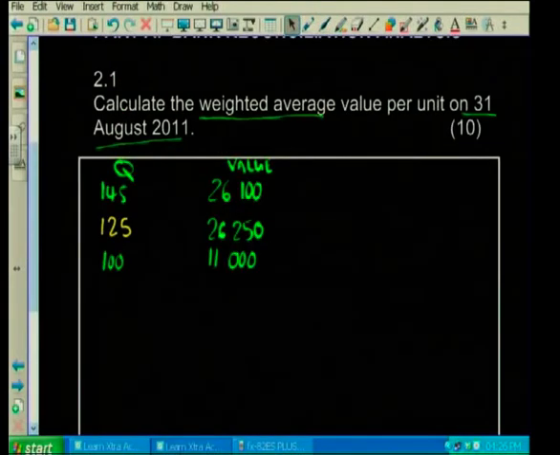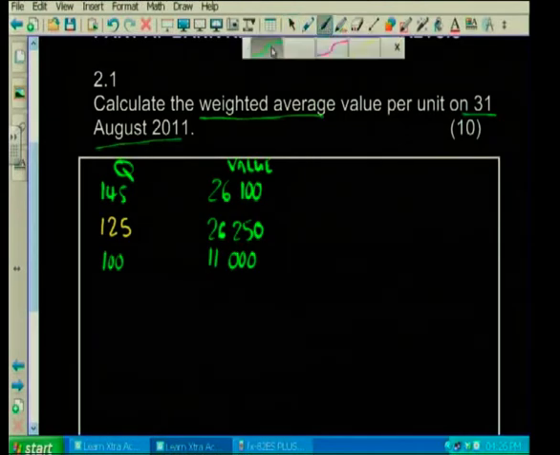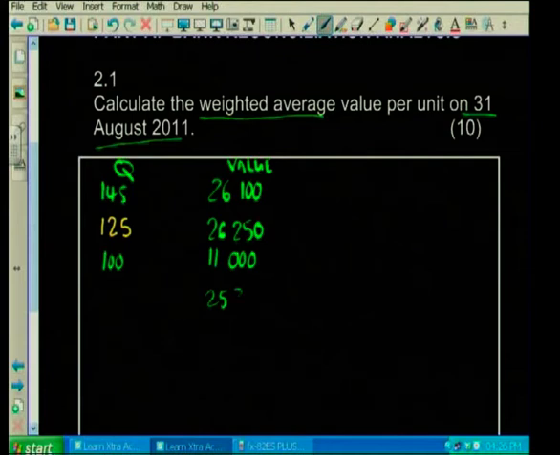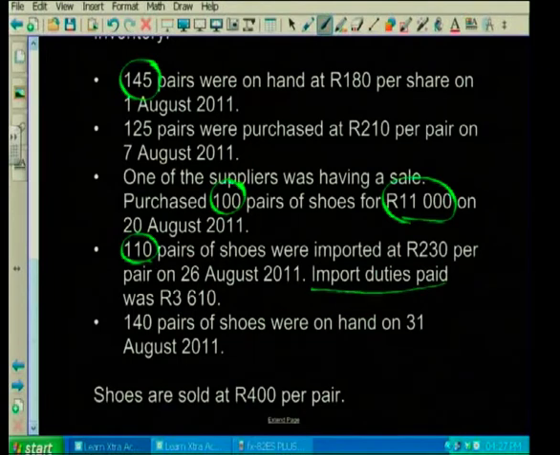So here goes. 110 times 230 will give me 25,300. That's 25,300 and 110 pairs.